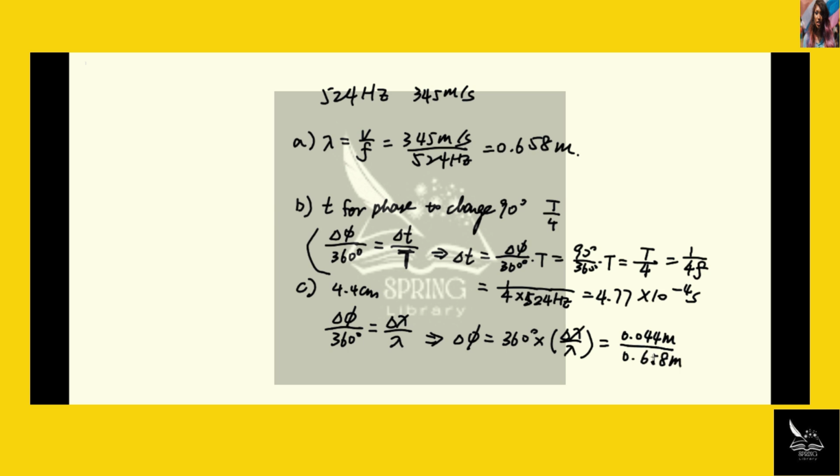So this tells us how much 4.4 centimeters is, like how much portion 4.4 centimeters is in terms of the whole wave. And this portion is how much phase we get out of 360 degrees. This tells us it's 24.1 degrees.